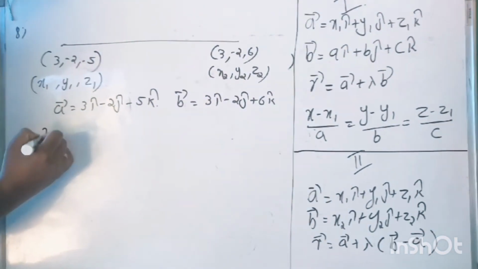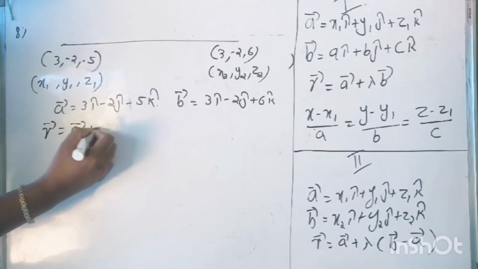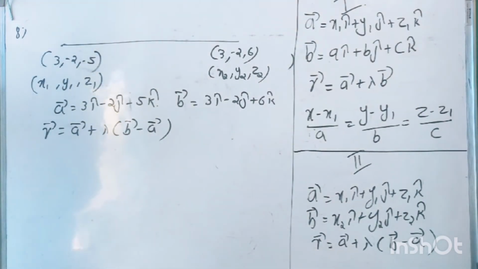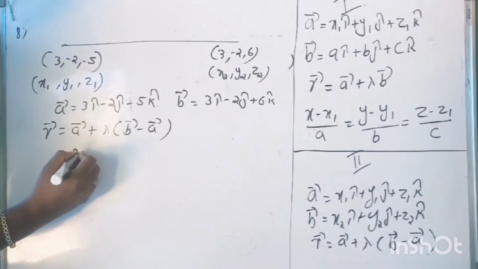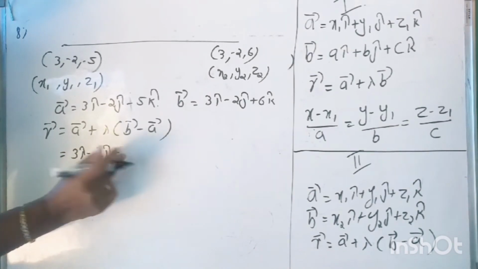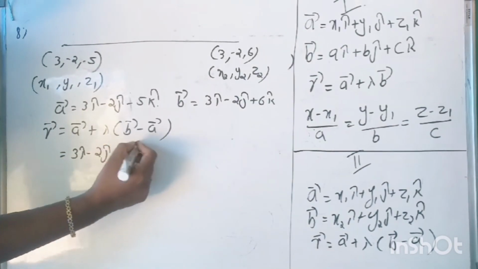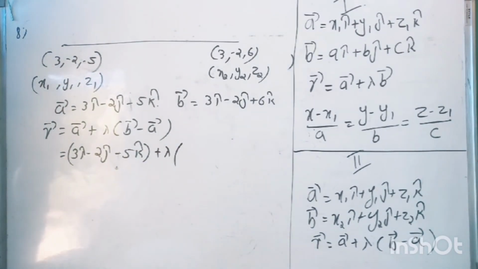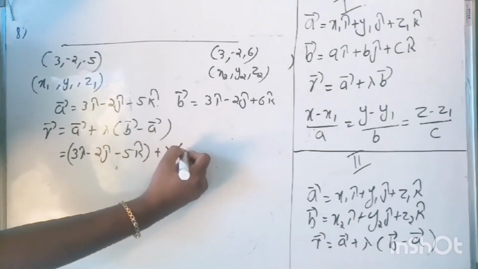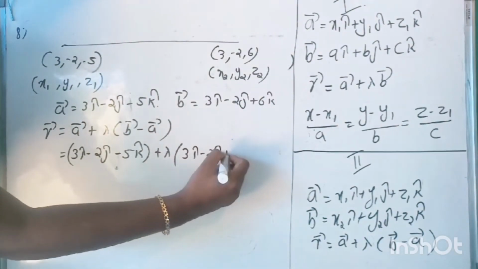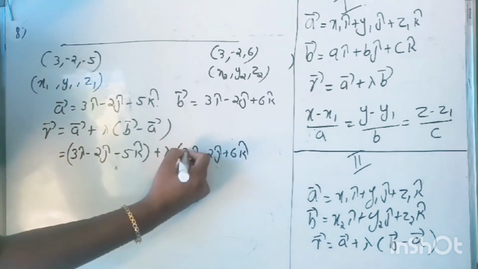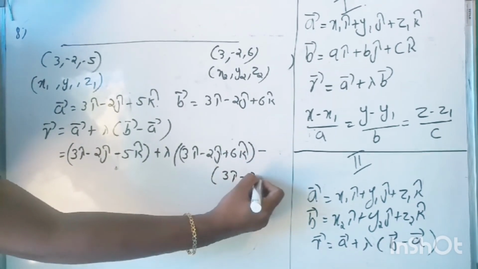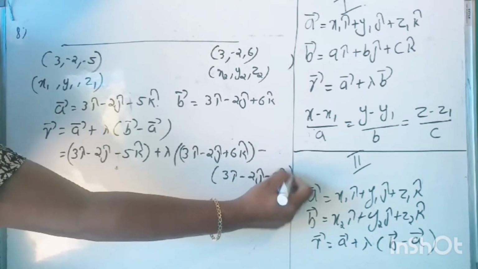Then R vector is equal to A vector plus lambda into B vector minus A vector, that is 3i minus 2j minus 5k plus lambda into B vector 3i minus 2j plus 6k minus A vector 3i minus 2j minus 5k.